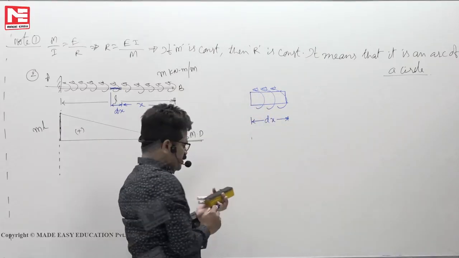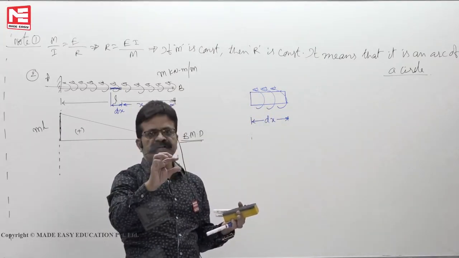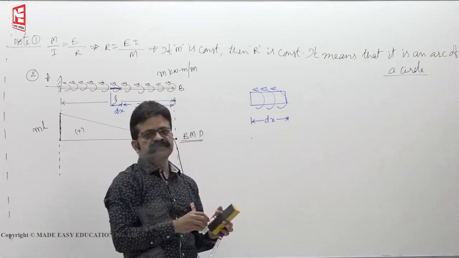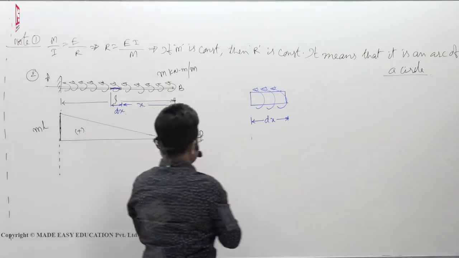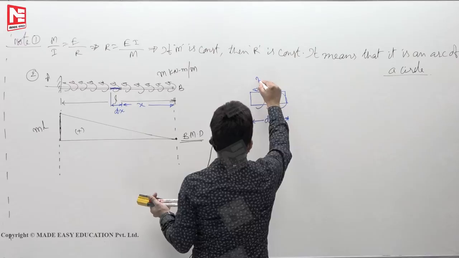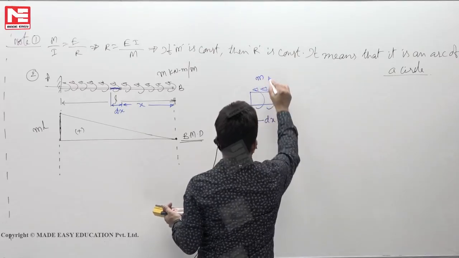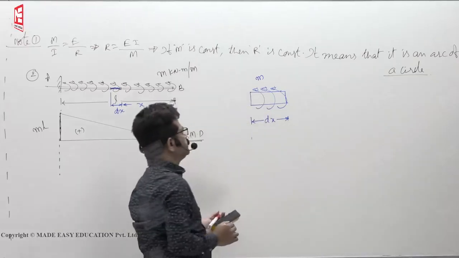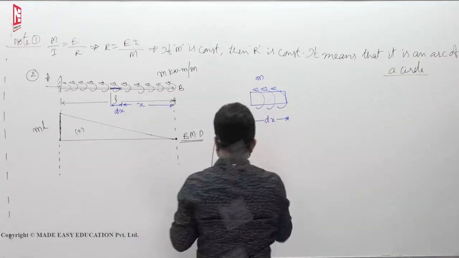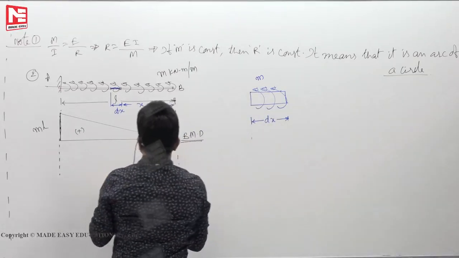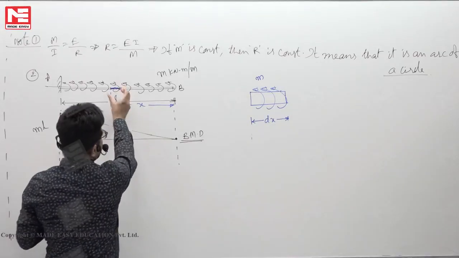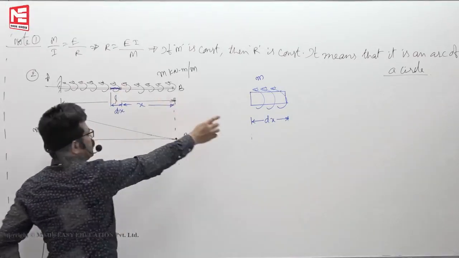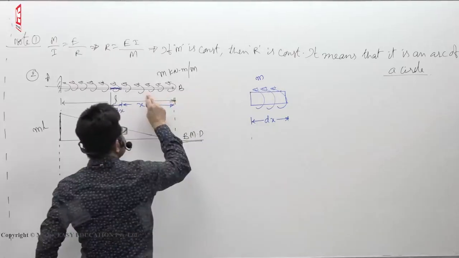Free body diagram means the diagram of a body on which you have to show what others are doing. This is m kilonewton meter per meter, so we'll make it as m. So the total moment is something we can show. Now when I cut here and separate it out, you have to show what the rest of the member will do on this.